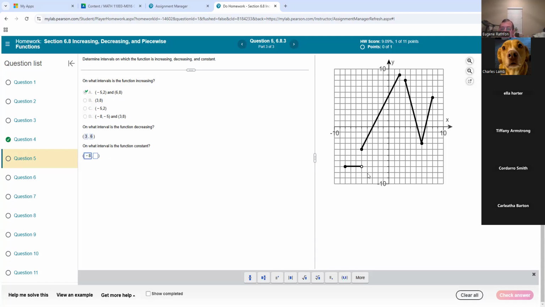Now, it's constant until it gets to that little hollow dot. So what's that hollow dot? Well, if I go straight up, that looks like what? -5. There you go. So Ella, on these, you are definitely only worried about the X's down there, okay?